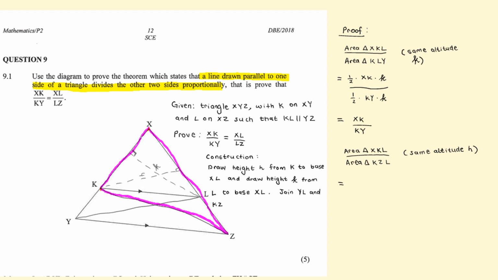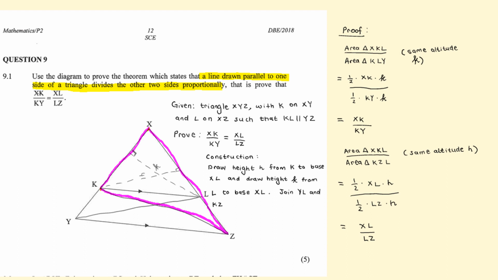For XKL, the base is XL and the perpendicular height is H, so you have half times XL times H divided by half times LZ times H for triangle KZL, whose base is LZ and perpendicular height is also H. Again, the halves and the height cancel, leaving you with XL over LZ.